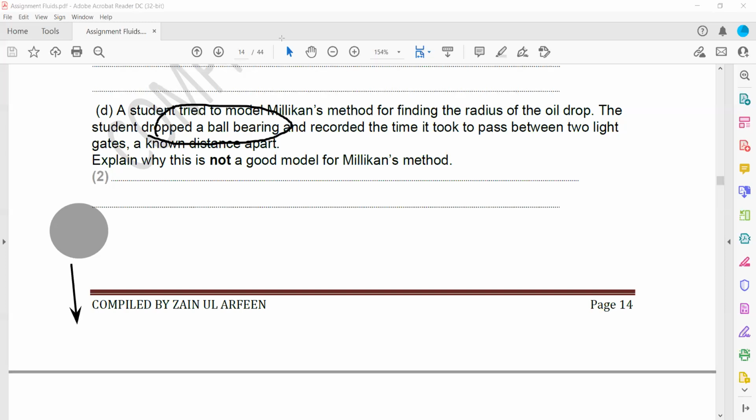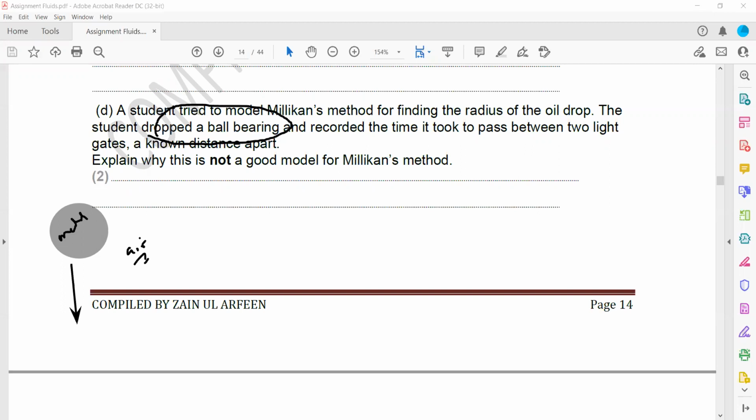If the ball bearing was moving through a liquid, because liquid has a greater drag force, there is a chance that it might reach a terminal speed. But here, the steel ball is surrounded by air, so it is less likely for a short distance. For example, in a lab we might drop from 3 meters or 5 meters, but that is not sufficient height for a ball bearing to reach terminal velocity.